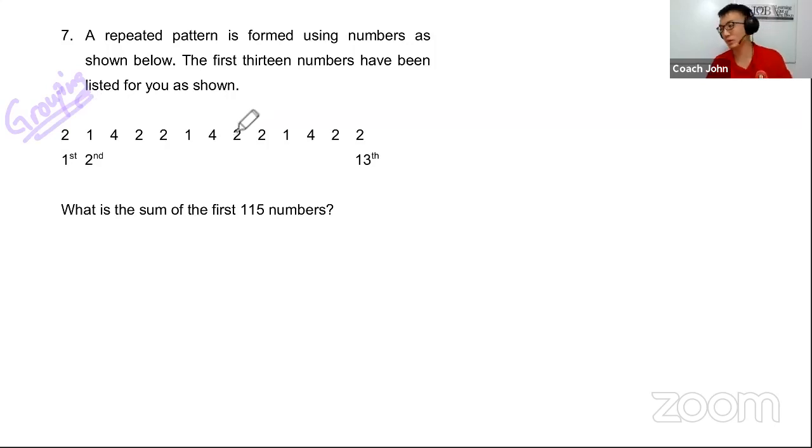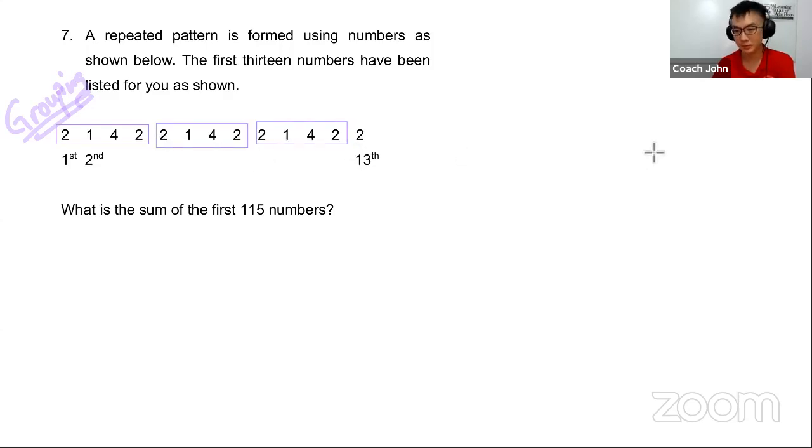When we are able to spot problem sum types for exams, you can learn this skill easily. So let's see how we can spot the numbers. 2142, 2142. So this is one group, and this is one group, and this is one group, and so on and so forth.